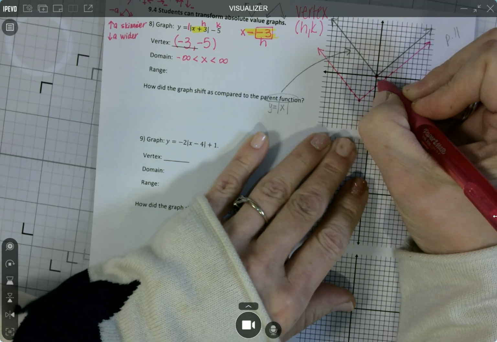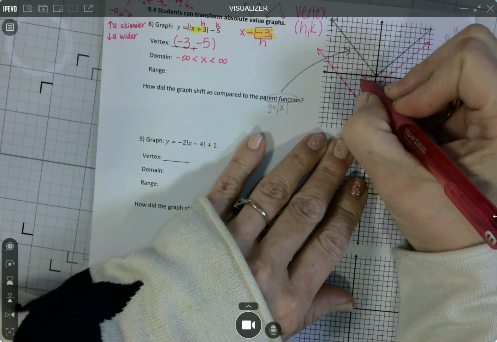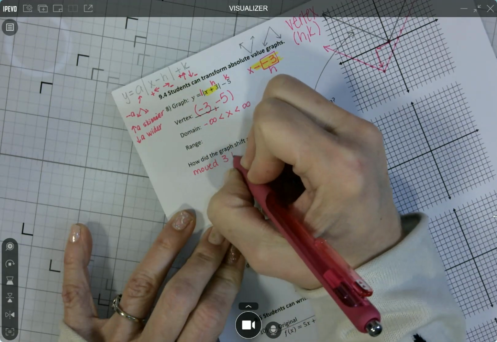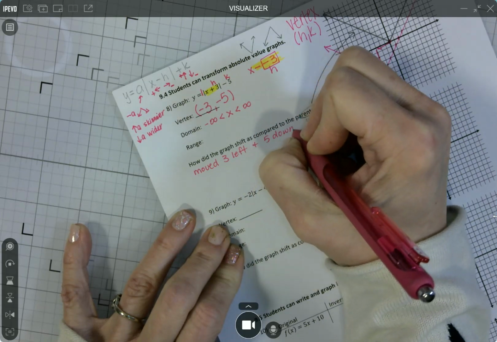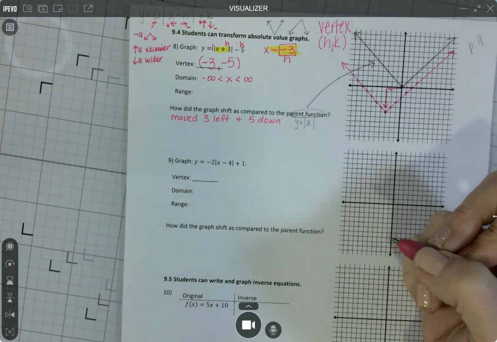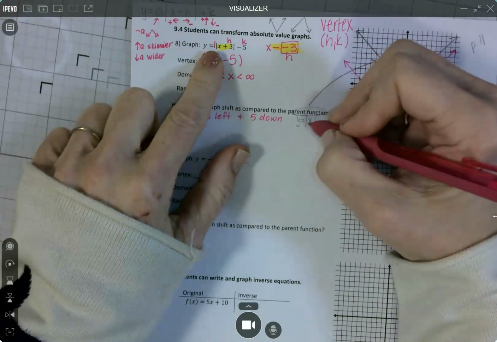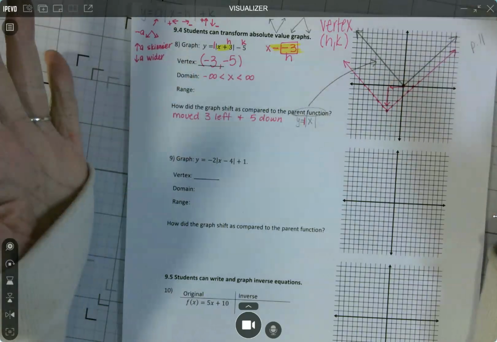And our graph moved 3 to the left and 5 down. So it moved 3 left and 5 down. Okay? And it still has the same, you know, this is a 1 and this is a 1. So it didn't get any wider, it didn't get any skinnier.